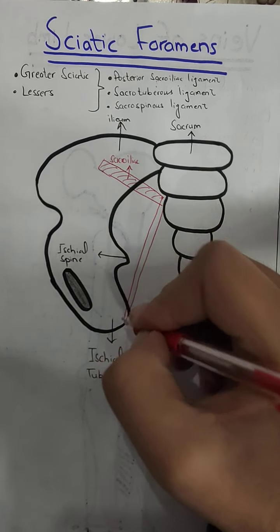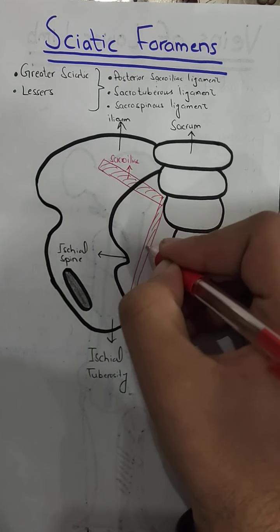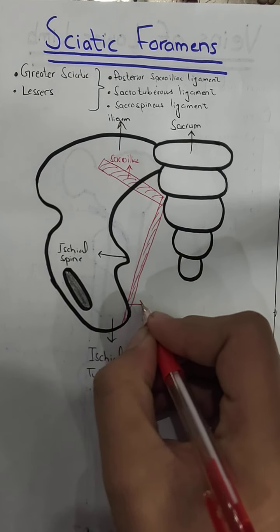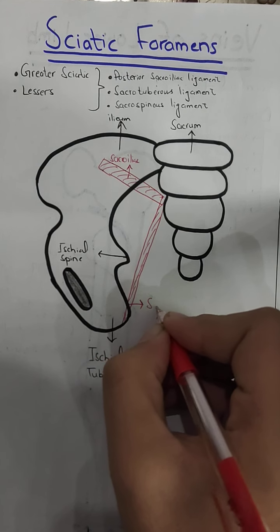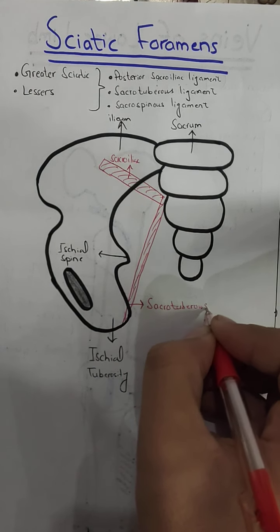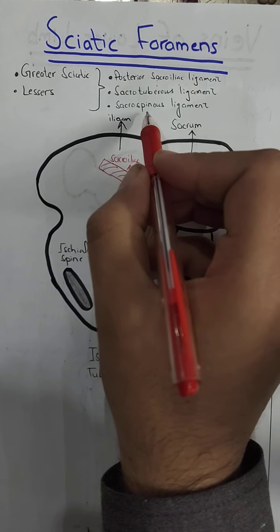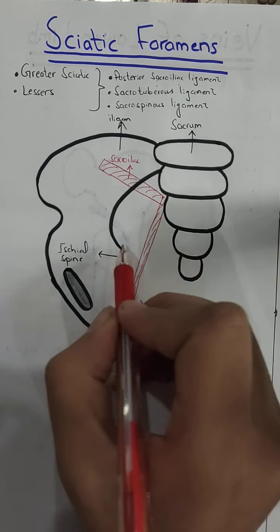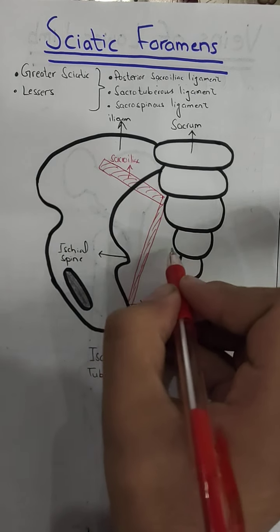So this is the sacrotuberous ligament, and the last one was the sacrospinous, meaning that it will extend from the sacrum to the ischial spine. It will extend like this.